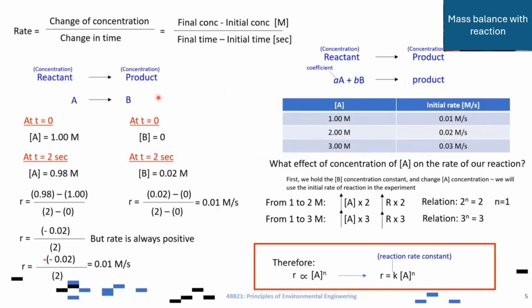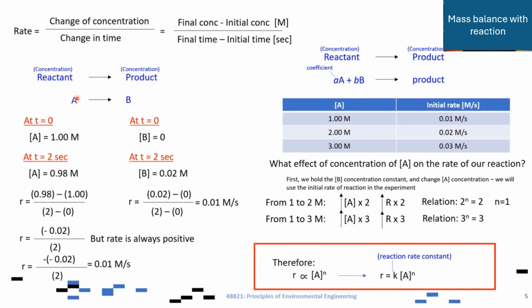Let's say, for example, when we do a chemical reaction, we use a reactant, and then it goes towards making a product. There's a concentration in the reactant. If we have one reactant, then we will get one product as well, and they have different concentrations.